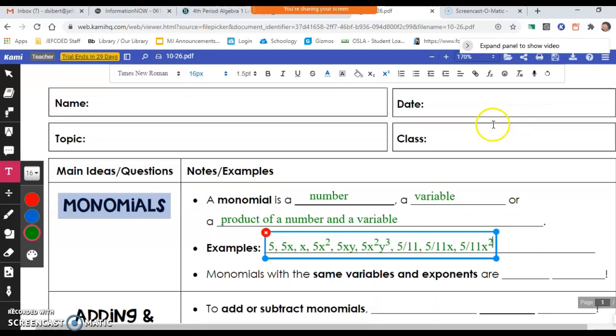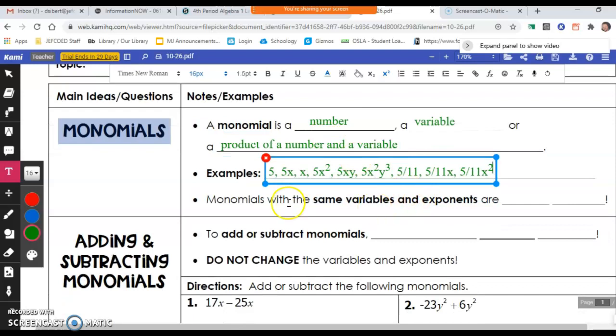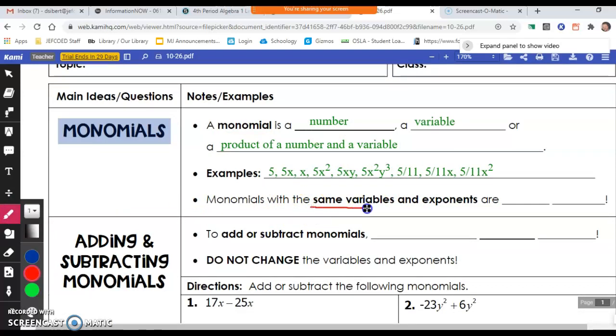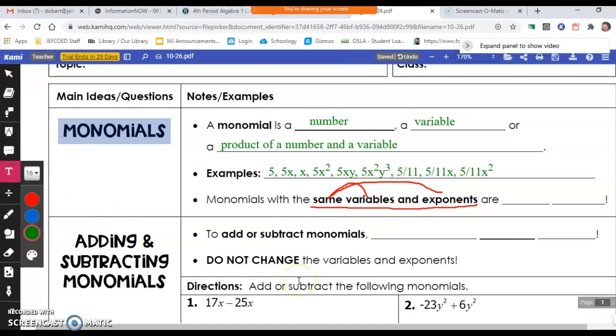All right, so we're going to look at monomials. Okay? But these monomials have the same variables and exponents. Please emphasize, guys, same goes with variables and same goes with exponents. Okay? So when you have things that are the same, specifically monomials, what we're talking about here, guys, what is it that you call those things that are the same, that are alike?